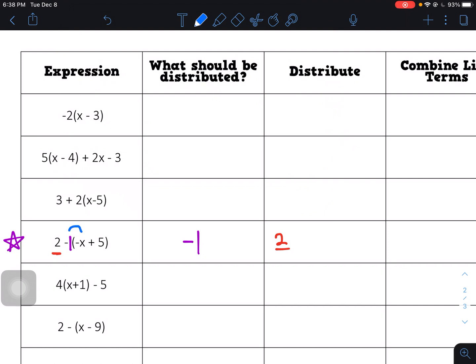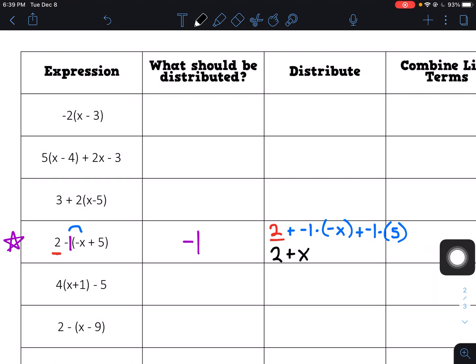So I have -1 times -x plus -1 times +5. So I have 2, -1 times -x is +x, plus -1 times +5 is -5.